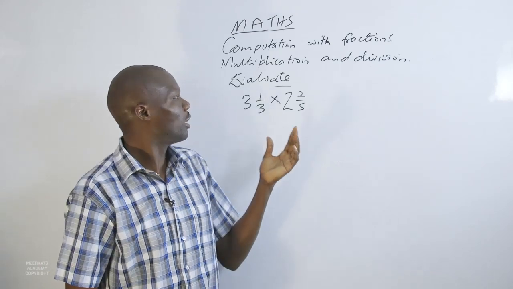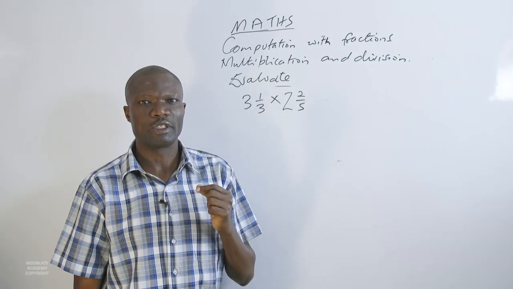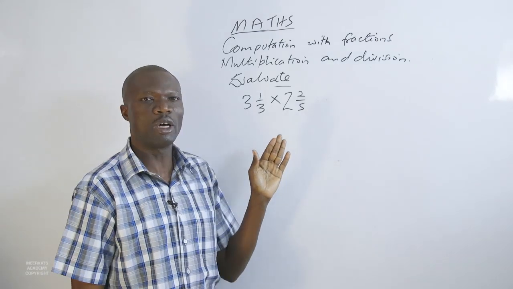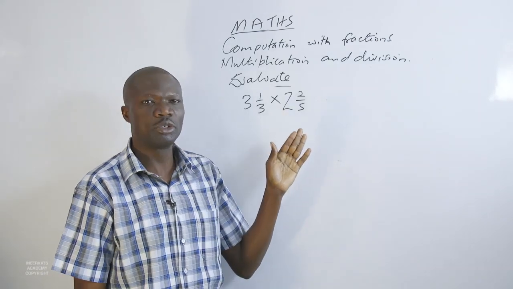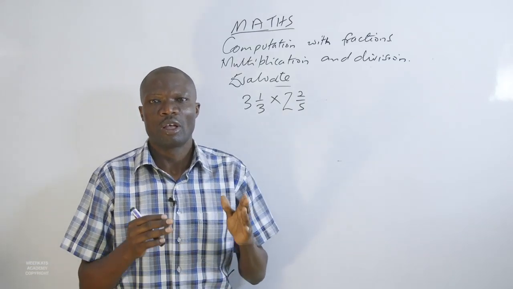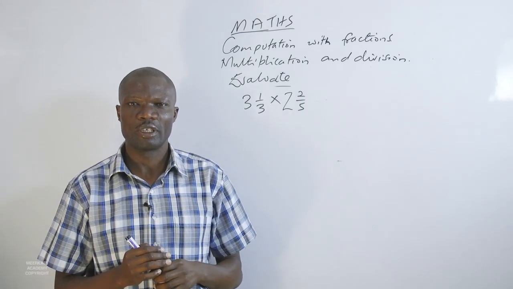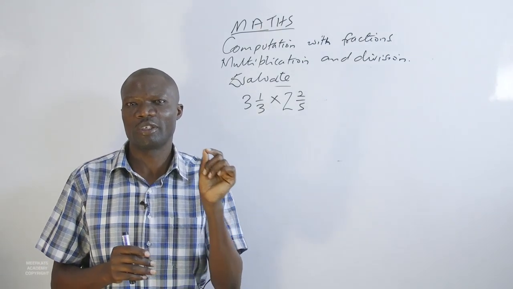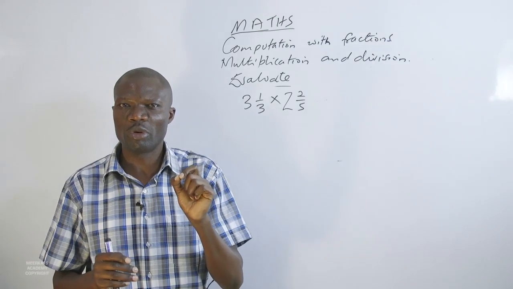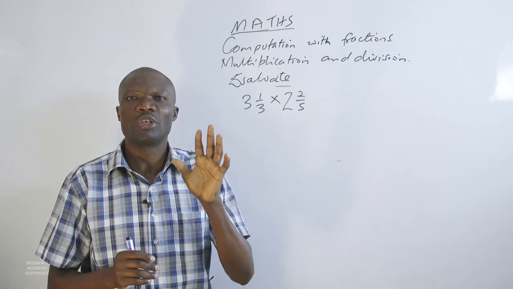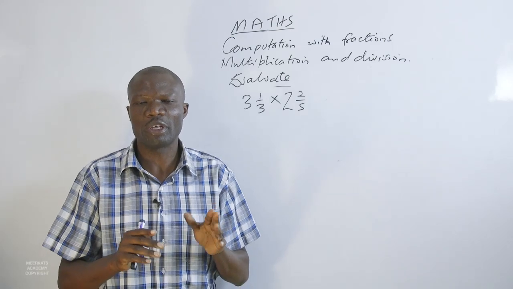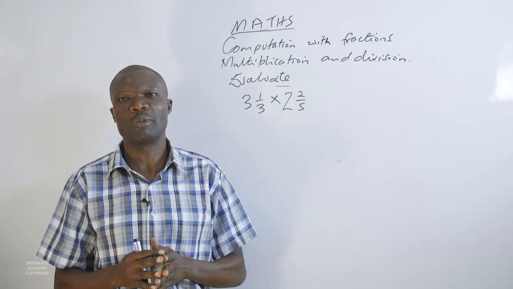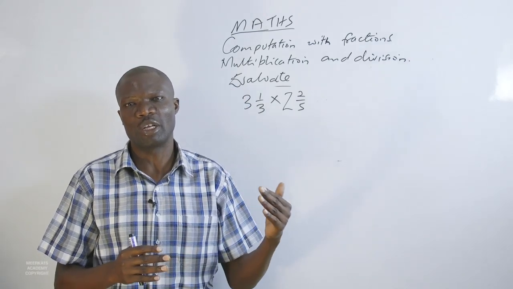We have to evaluate this: 3 and a third multiplied by 2 and 2 over 5. I'll remind you, you cannot multiply mixed numerals. For you to be able to multiply mixed numerals, you must convert the mixed numerals into improper fractions, and then you work out by multiplying the numerators as well as the denominators.